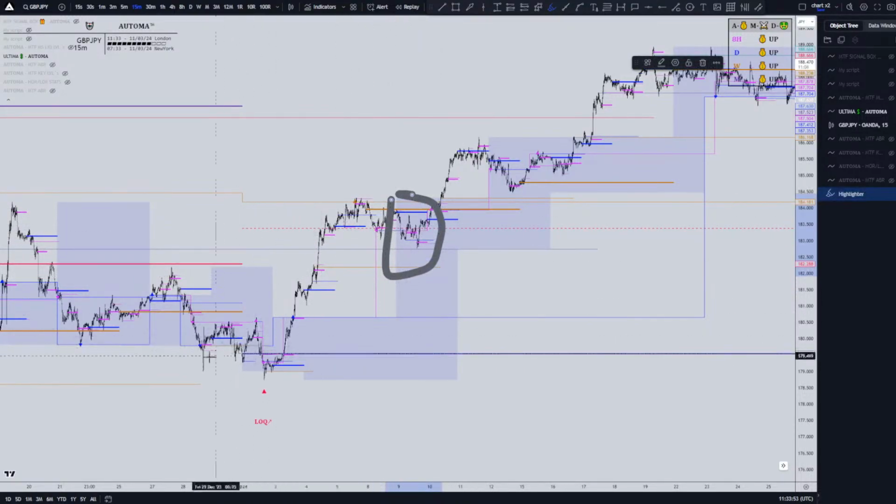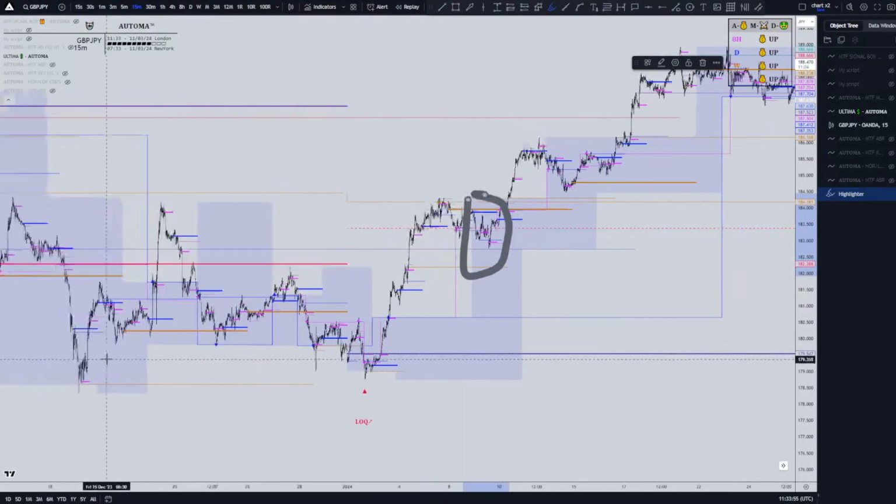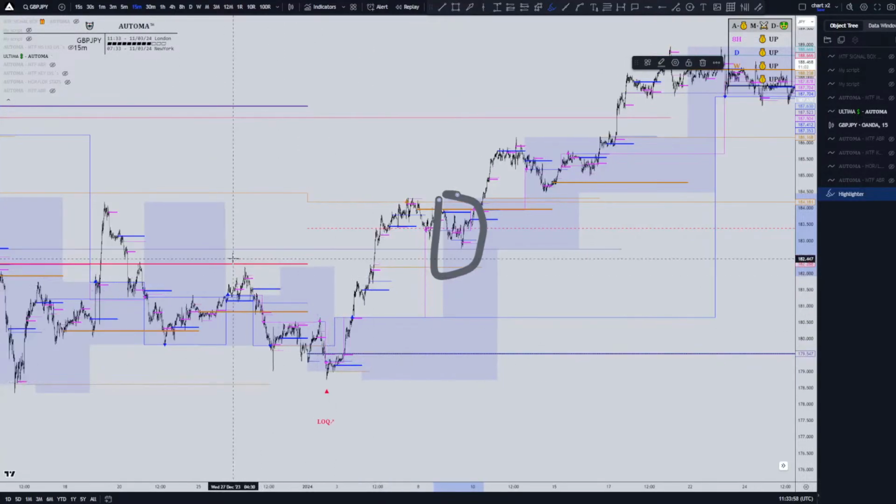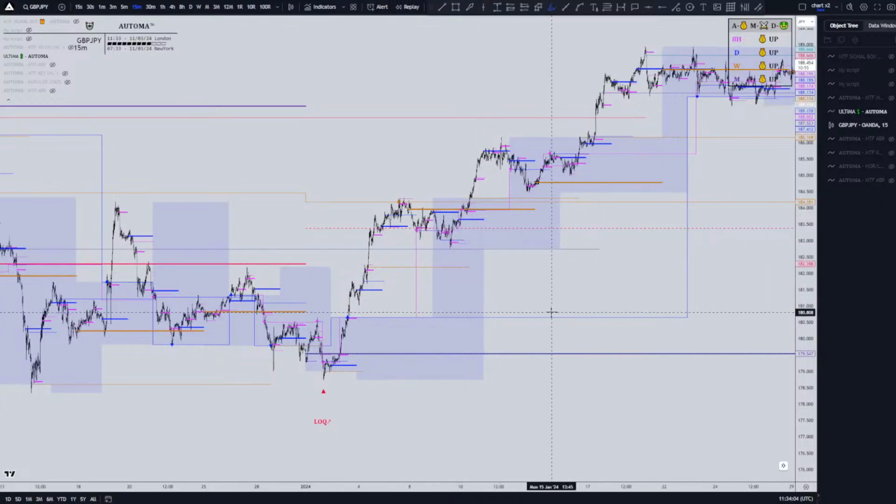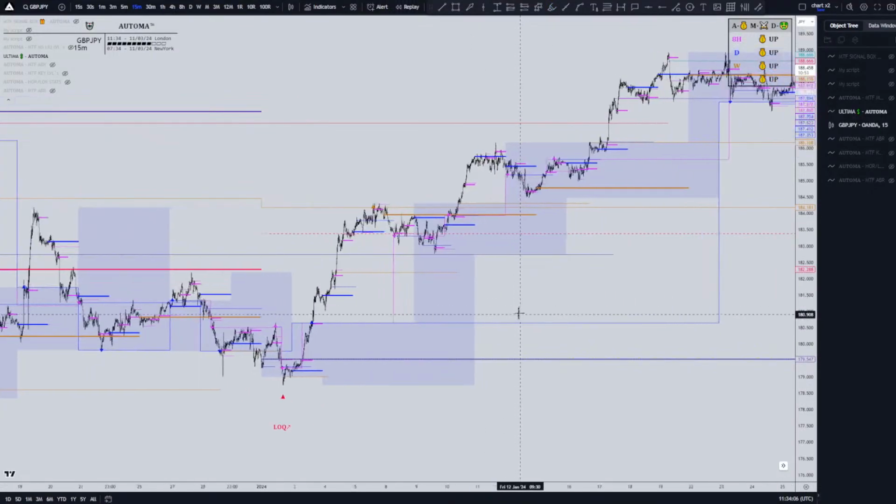So either contraction, which is an example on this one, or expansion, can give us the signs on each time frame when we have a changing behavior in the market structure.